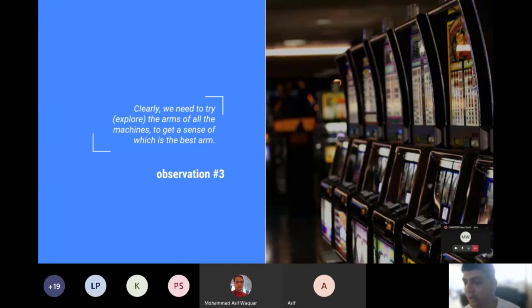I'm going to go out and explore all these arms before I make a decision to determine which arm is going to give me the maximum reward. And in our case of the slot machine, which arm of that slot machine will I be picking to get a better outcome for myself? I'd just like to pause for a moment and see if there are any questions here.